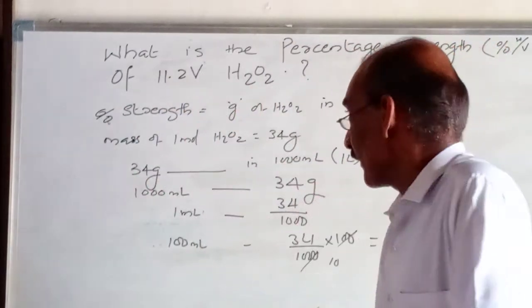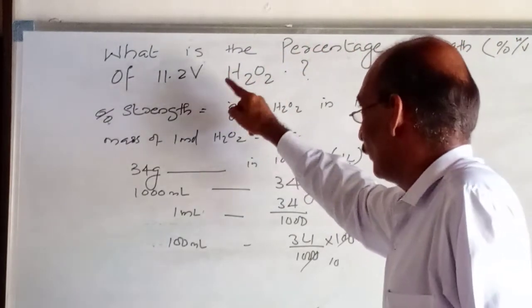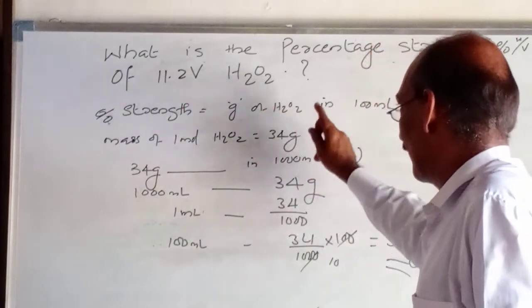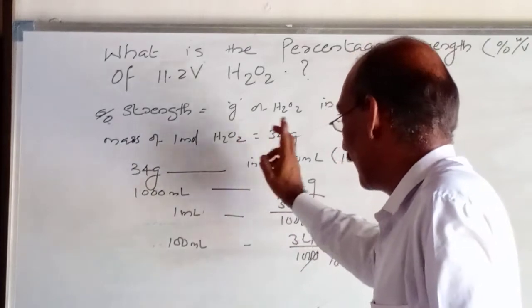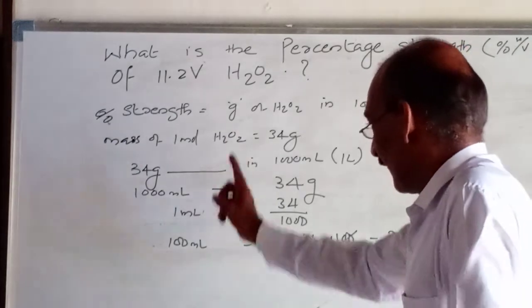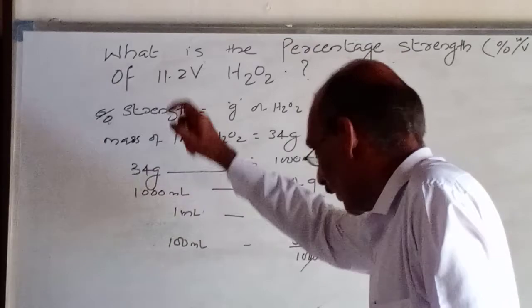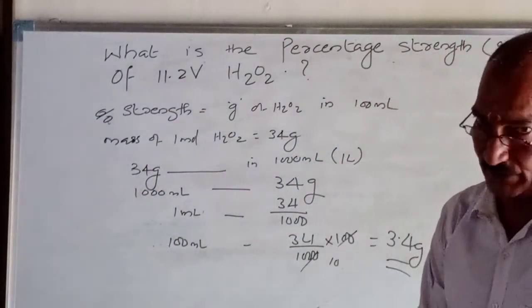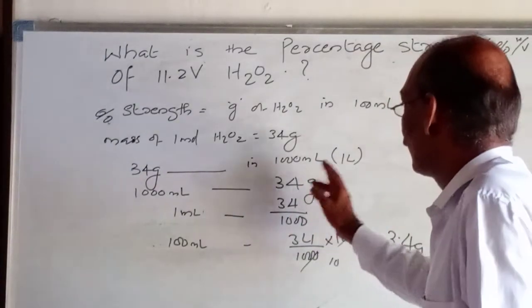What is the question? What is the percentage strength of 11.2 volume H2O2? So, percentage strength means gram of hydrogen peroxide in 100 ml. The mass of 1 mole hydrogen peroxide is the molar mass, that is 34 gram. 34 gram hydrogen peroxide is present in 1000 milliliter or 1 liter solution, or we can think 1000 ml solution has 34 gram.